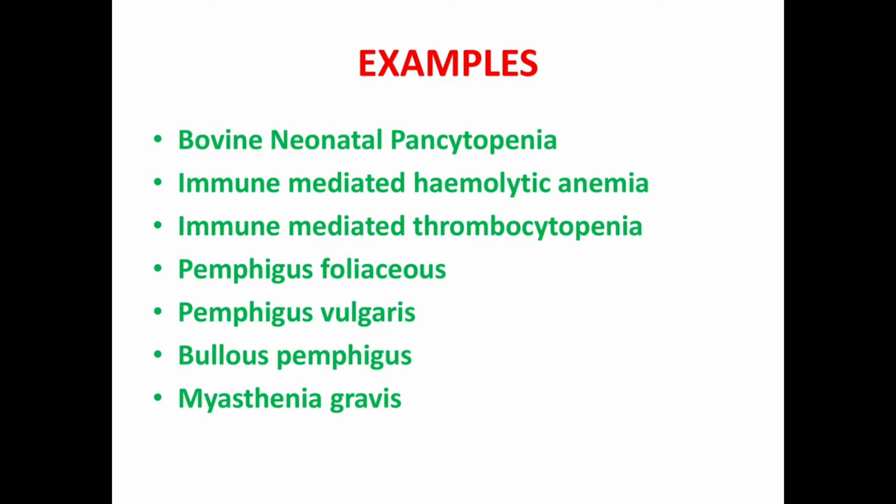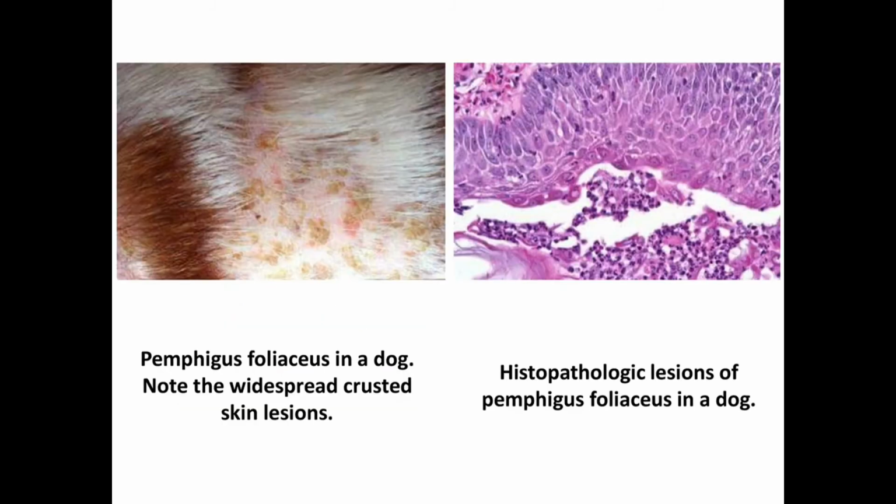Now, let's see the examples of type 2 hypersensitivity: bovine neonatal pancytopenia, immune-mediated hemolytic anemia, immune-mediated thrombocytopenia, pemphigus foliaceus, pemphigus vulgaris, bullous pemphigus, and myasthenia gravis. All of these come under type 2 hypersensitivity. You can see images here. One is pemphigus foliaceus in a dog.